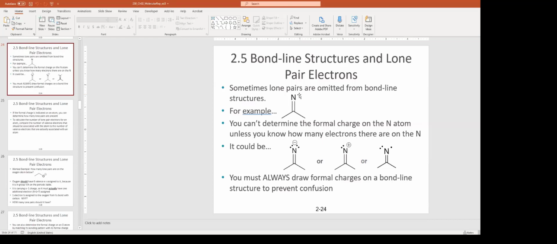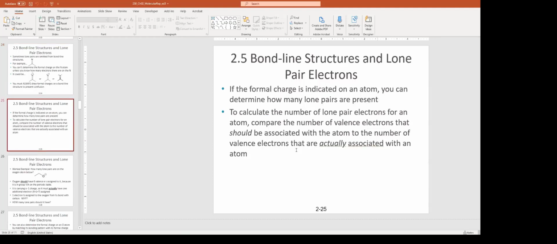The only way you'd get there is 5 minus 2 minus what? To get -1 it would be minus 4. You'd need 4 electrons here. That's the only way that could happen. But even though this is the way the book teaches it, I say draw the lone pairs if there's ever ambiguity.